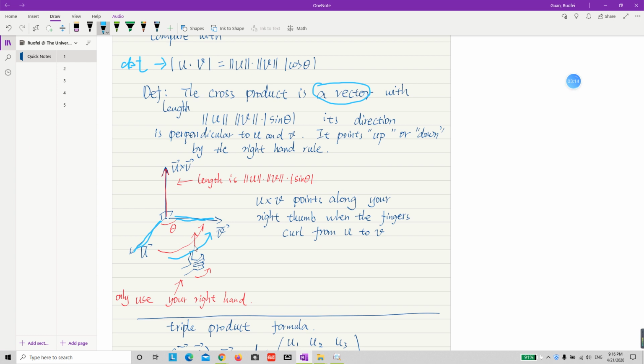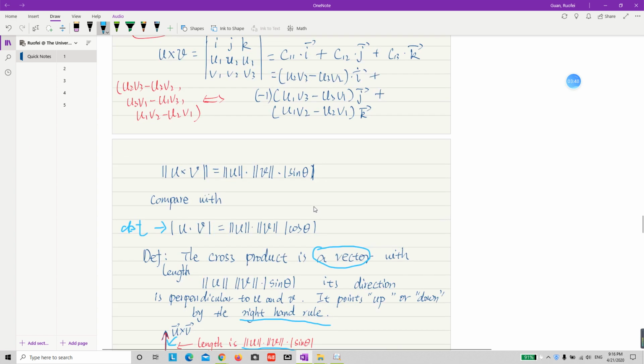So this is the direction, which is perpendicular to u and v, and the length is this number. Be careful: you can only use your right hand. This is why it is called the right hand rule.